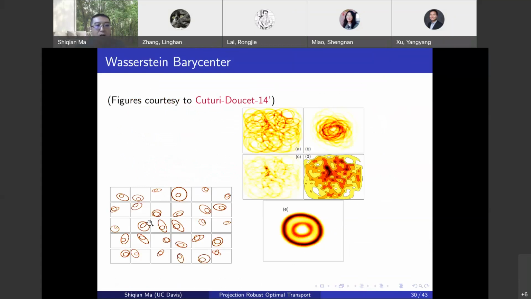As another example, let's look at this figure. I have 5 rows and 6 columns, so in total, I have 30 images here, and in each image I actually have 2 ellipsoids. Now I want to compute the mean of these 30 images. This is the one computed by the Wasserstein-Barycenter.